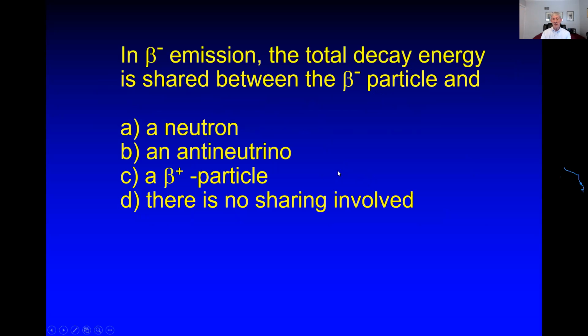In beta minus decay, the total energy is shared between the beta particle and B, an antineutrino. Now, just for a little edification, remember that anti and negative mean the same thing.